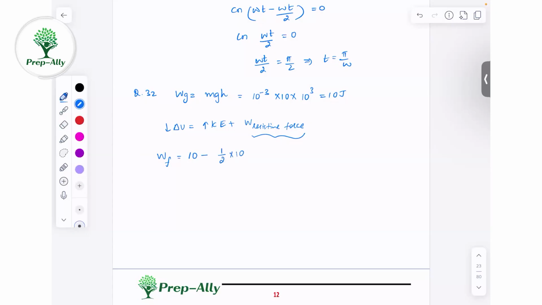So half m v square. That is 10 minus, this is going to be 25. This comes out to be approximately 1.25 if you simplify it. That is 8.75.